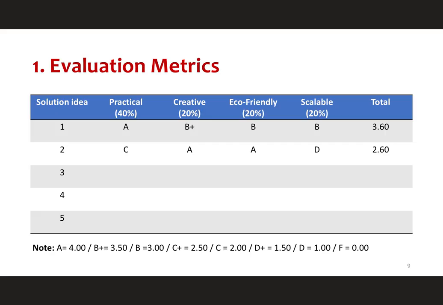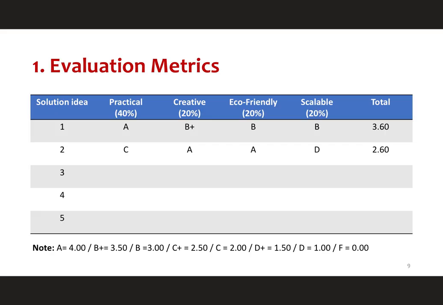For example, in this case, we use practicality as one criterion, creativity as the second, and then the third one, eco-friendly, and scalability. So you see here that we have 4 preset categories of evaluation. And we also set the weights to be 40%, 20%, 20%, 20%, so that we can find the average GPA.